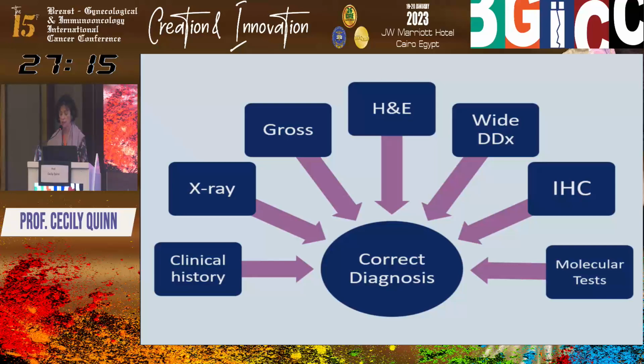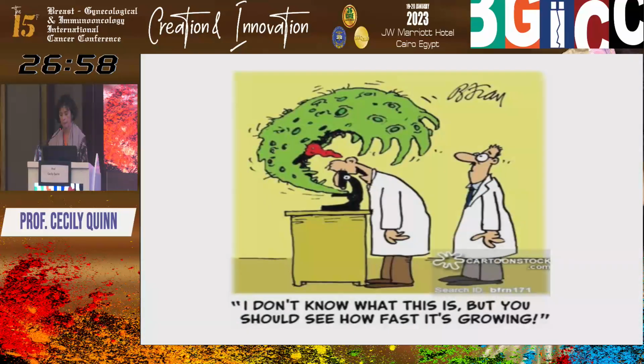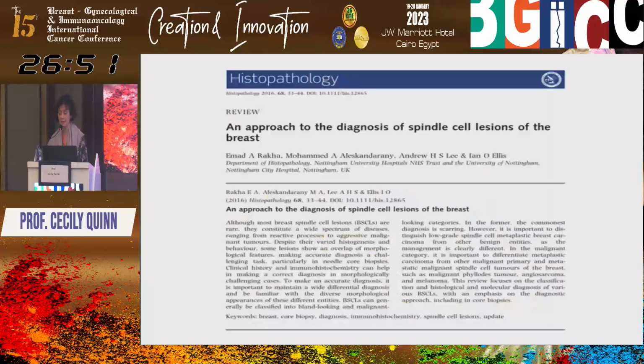The radiological findings may be informative, along with the gross findings. Clearly, our H&E findings. We need to maintain a broad differential diagnosis, judiciously use immunohistochemistry, and molecular tests if they're available to us. So when we've done all of that and taken account of all of the other information, we should have a look at the slide.